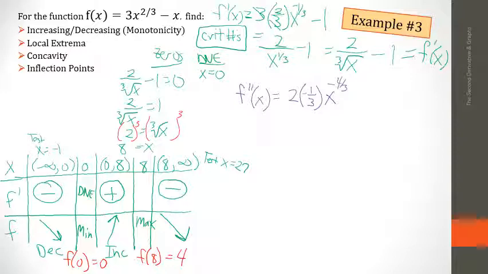And the derivative of 1 is 0. And this is going to become negative 2 over 3x to the 4/3.